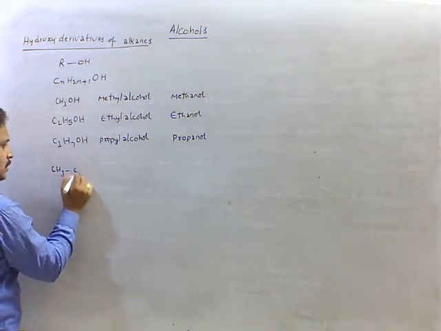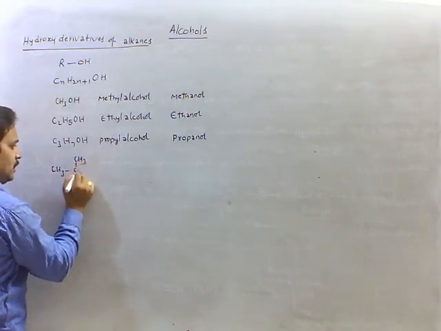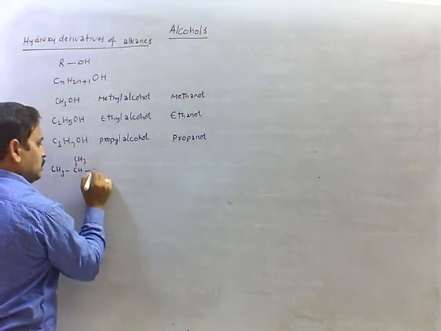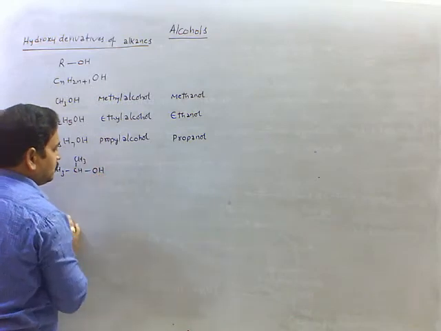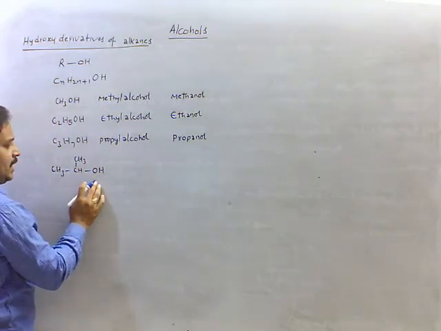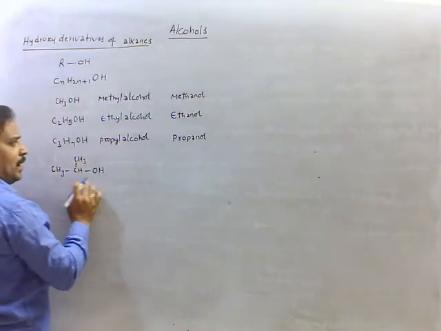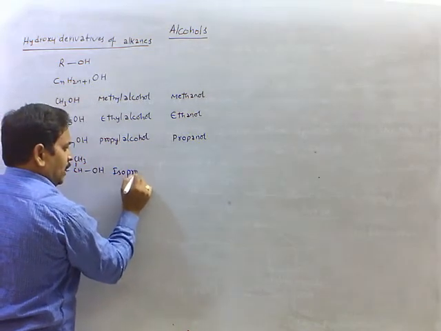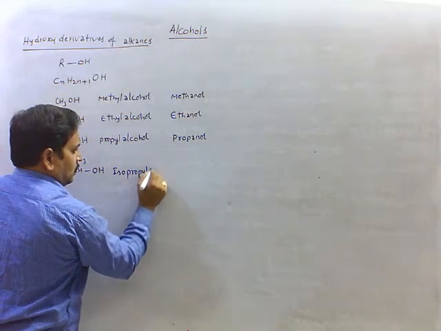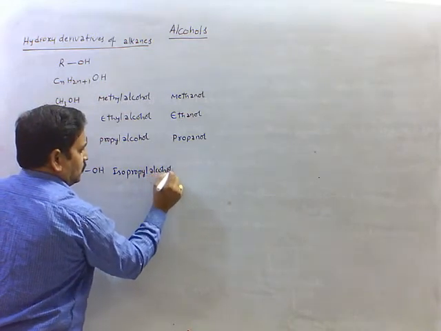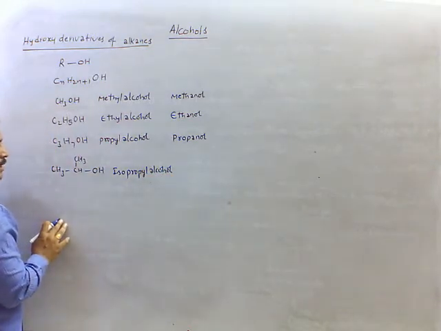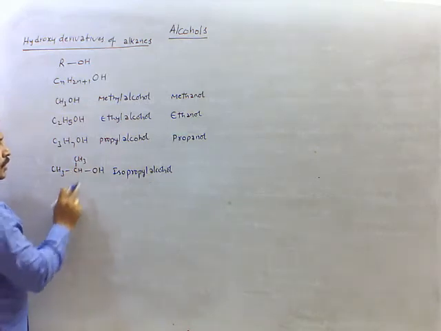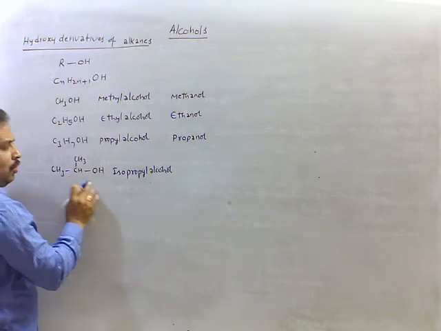CH3, CH3, CHOH. This we call isopropyl alcohol. Isopropyl alcohol, its IUPAC name is propan-2-ol.